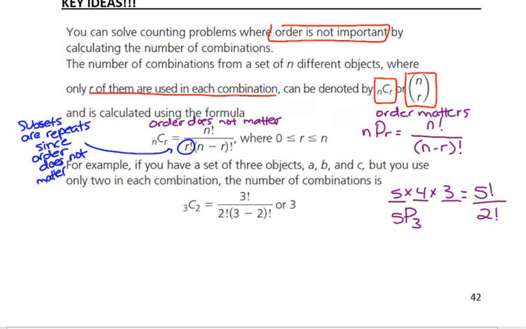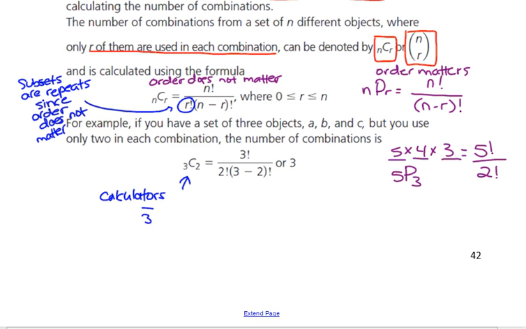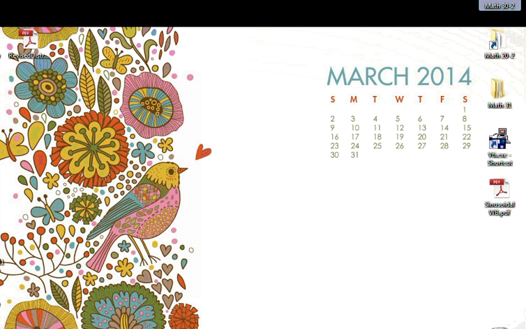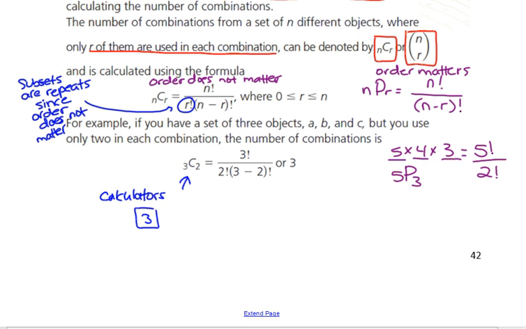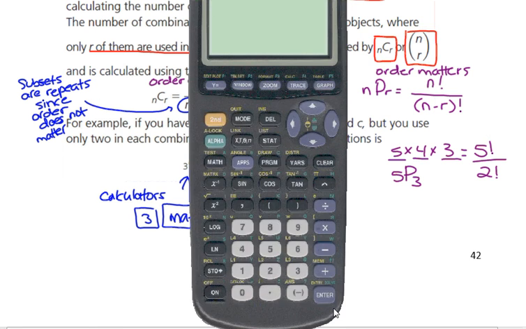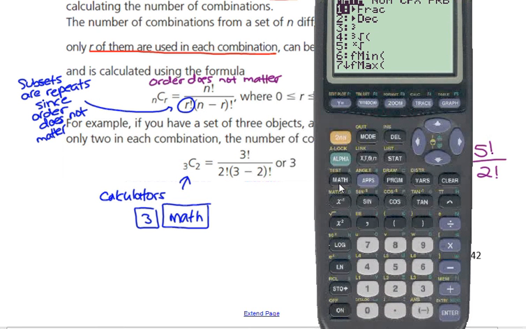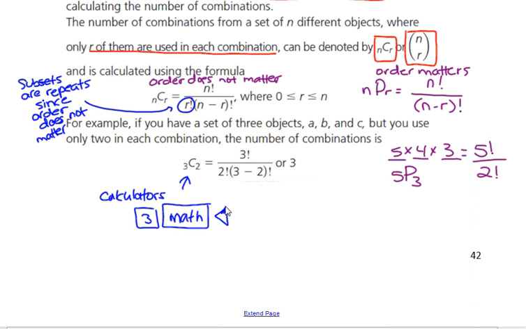Now, could you use your calculator also to solve these? Yes. Everyone grab your calculators. You would first push 3, then math, then left arrow to probability.